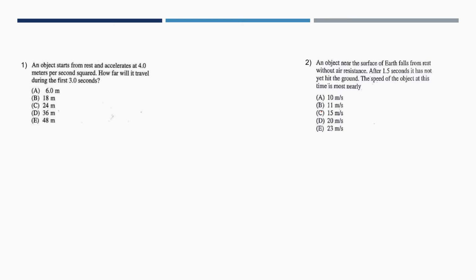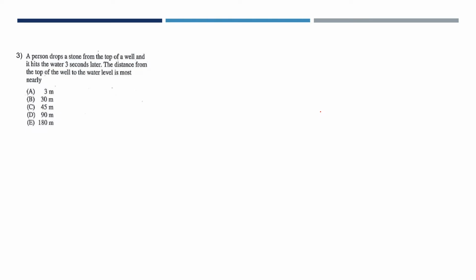Let's move to question number 3. A person drops a stone from the top of a well. Take care, now we have a gravitational acceleration. Every falling object falls under the gravitational acceleration, so your first step is you have acceleration due to gravity, which is 10 meters per second squared.